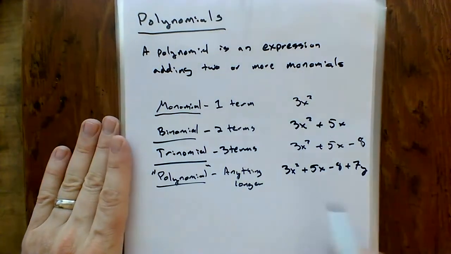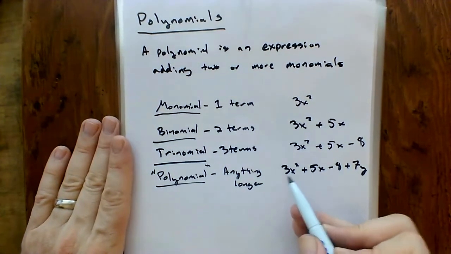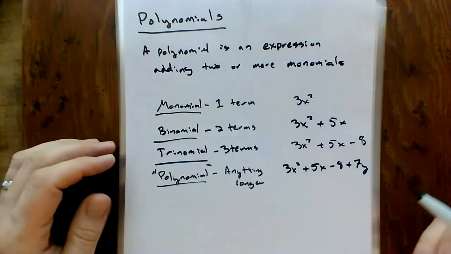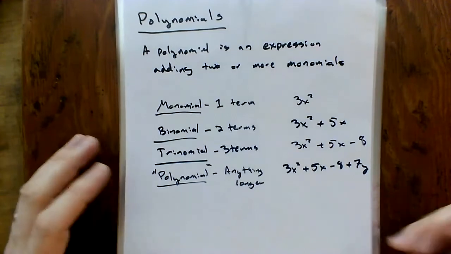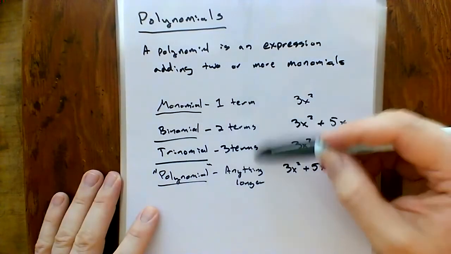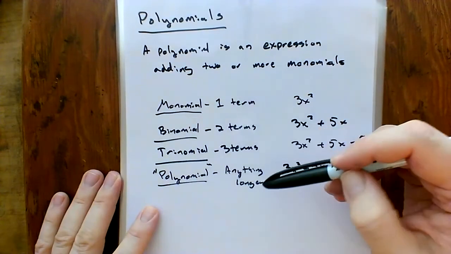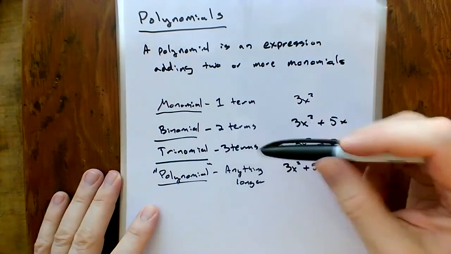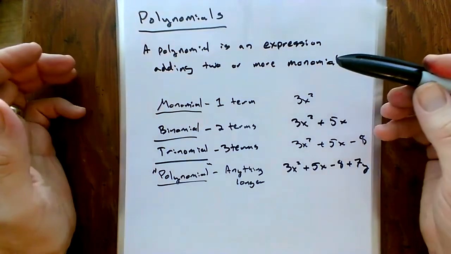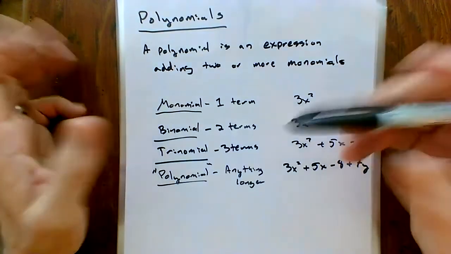Who knows? I could technically call this a quadrinomial, but we don't bother. All binomials and trinomials are polynomials, but not all polynomials are binomials, the same way all bats are mammals, but not all mammals are bats.